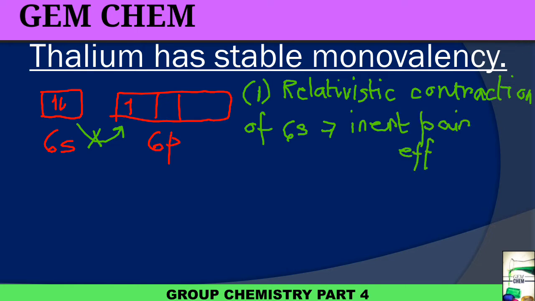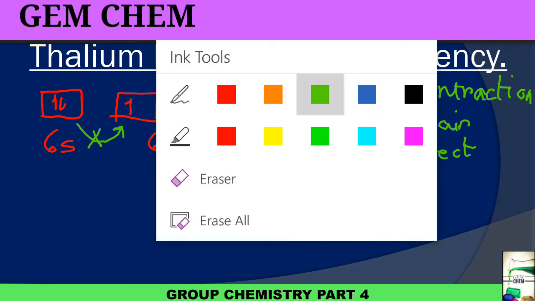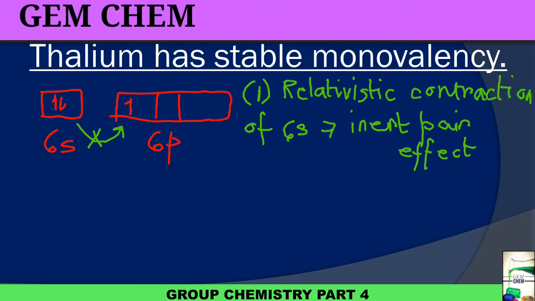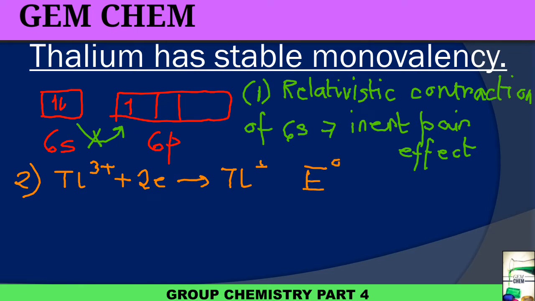Another point, for the second part, is that Tl3+ plus 2 electrons provides us Tl+. In this case, the reduction potential is very high, positive. High positive.